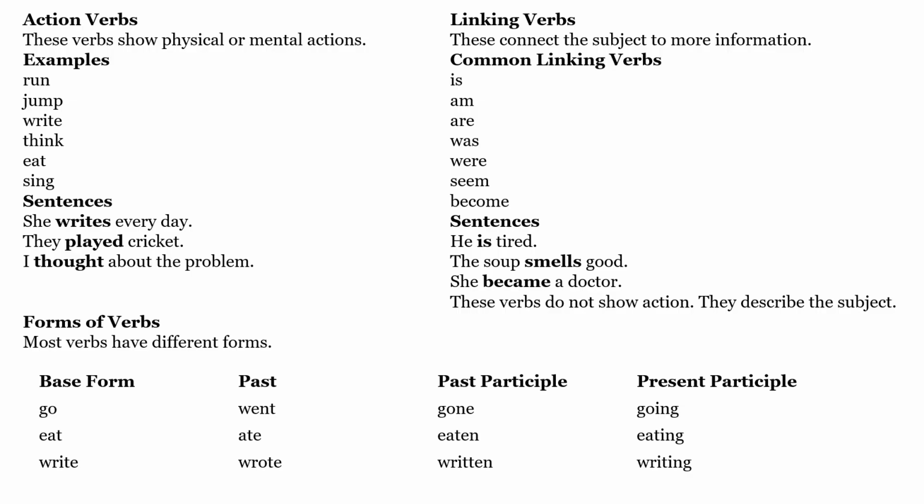Okay, here eat, ate is second form, eaten is third form, eating is fourth form. Write is first form, wrote is second form, written is third form, and writing is fourth form. The fourth form of a verb is equal to the first form plus ing.